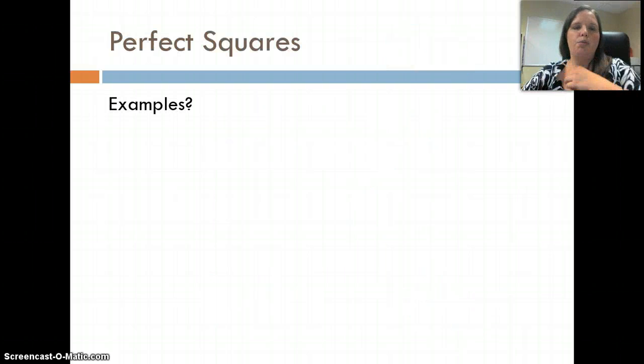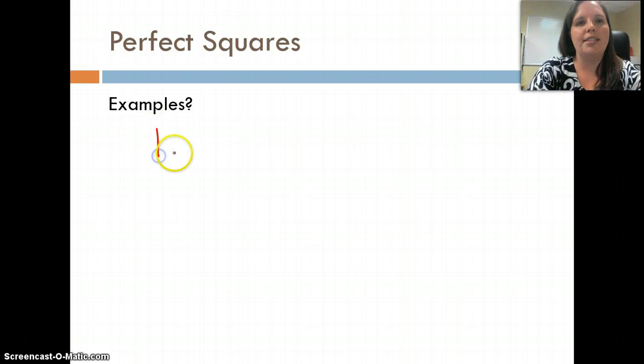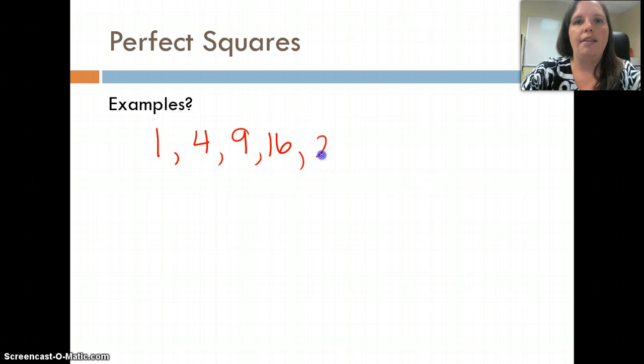Perfect squares, I just want to make sure that you have your arsenal ready to go. When we talk about perfect squares, and I said up to 200, I would expect you to be pretty familiar with this list.